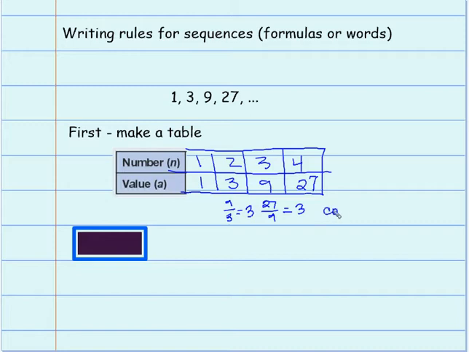So our constant ratio is 3. Okay, so what do I do with that 3 so that I get 27? And it's not adding or subtracting. It's not even multiplying, because that's an arithmetic sequence. Well, these are ratios of 3.